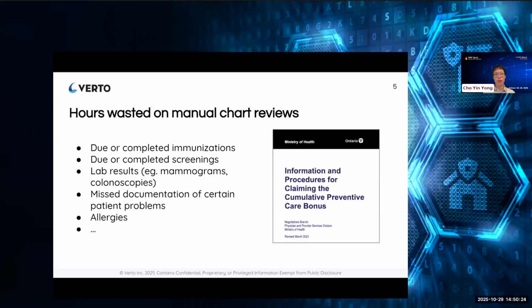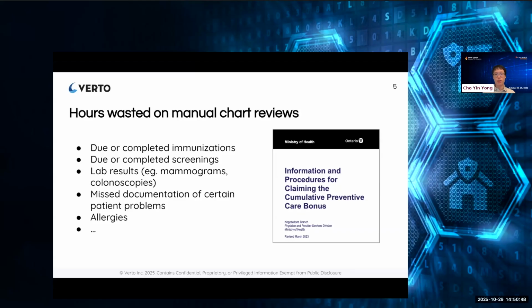We also see a lot of documentation that is missing in structured data, important for reporting, that is, again, available in the free text note, not available in a structured format. Allergies is another huge one and almost does not exist at all in structured format.